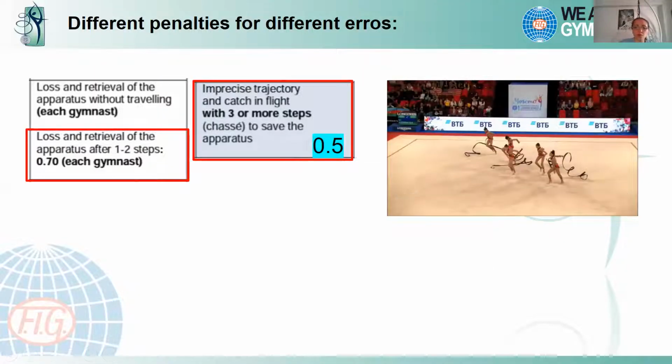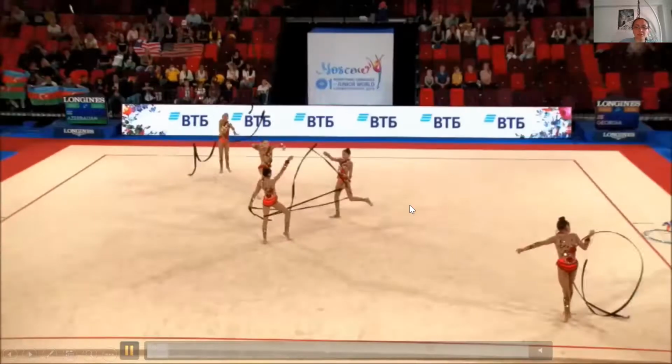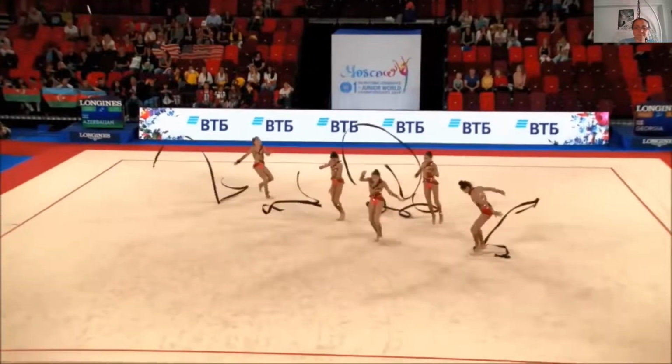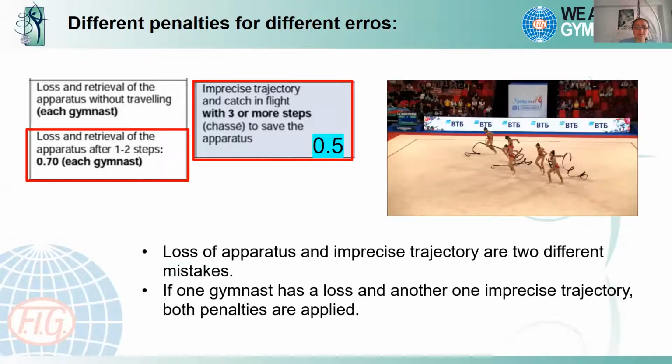Both gymnasts in the corner. So we take both penalties, different penalties. Loss of the apparatus and imprecise trajectory are two different mistakes. If one gymnast has a loss and another one imprecise trajectory, both penalties are applied.